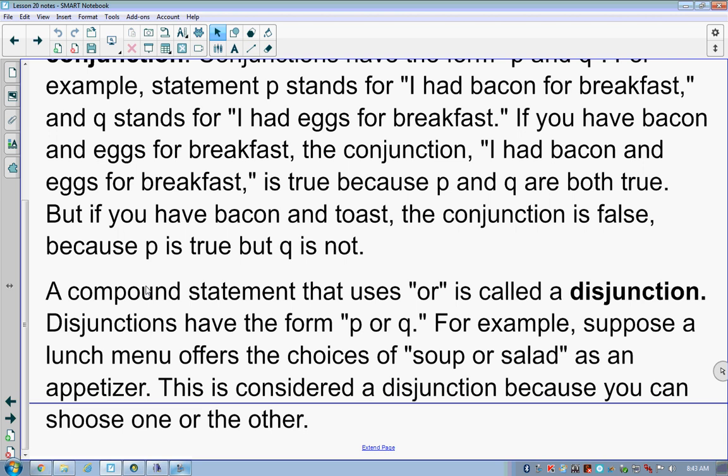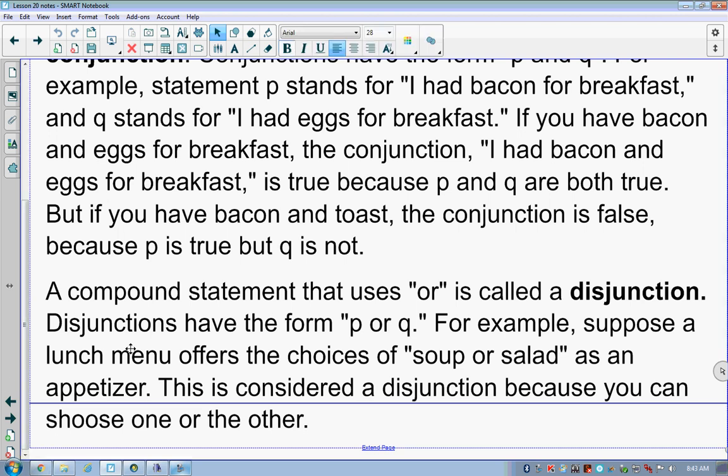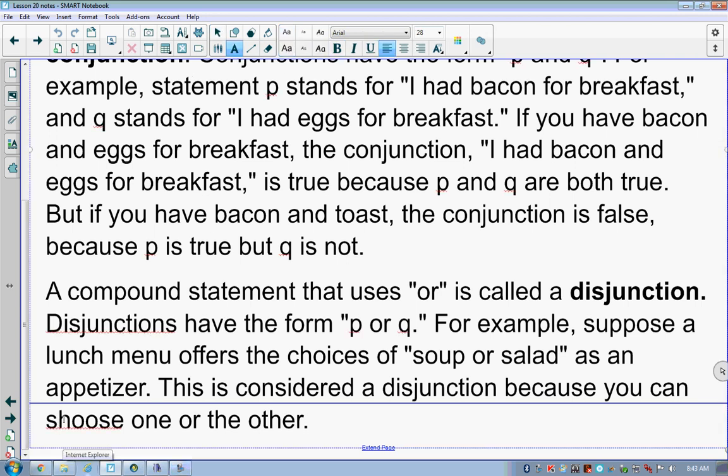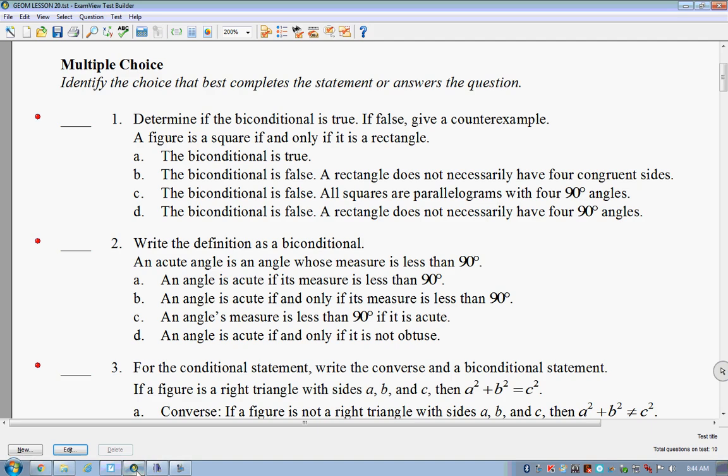Let's choose one or the other. It's just a very laid back way of saying you go ahead and choose that, one or the other. All right, so that's it as far as those things are considered.